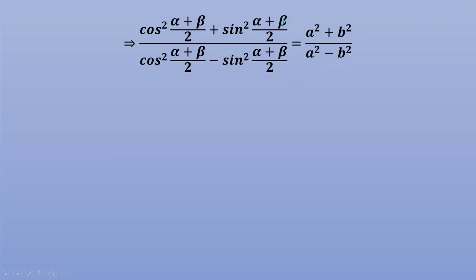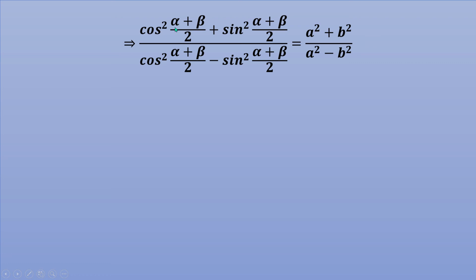That means at first the numerator will be added with the denominator and the denominator subtracted from the numerator, and here also the same. The denominator will be added with the numerator and the denominator is subtracted from the numerator. This is componendo dividendo.